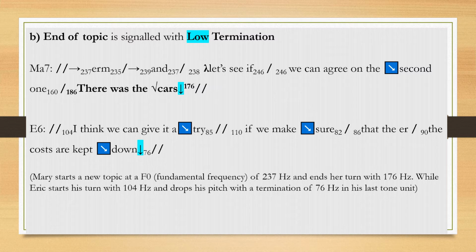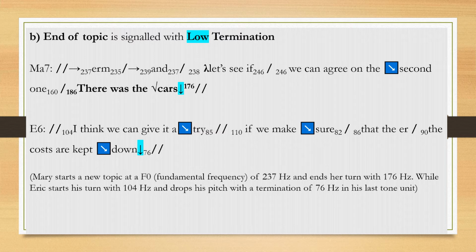So we can see here how low termination ends the discussion of those particular topics. And something that I have probably not mentioned before is that in the notation we use these numbers that represent the hertz, that is the measurement of the fundamental frequency in terms of pitch level.